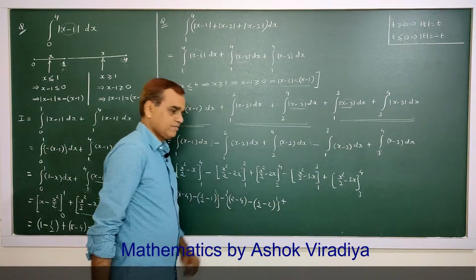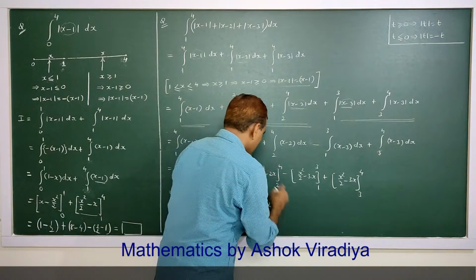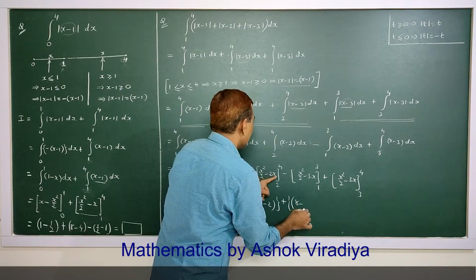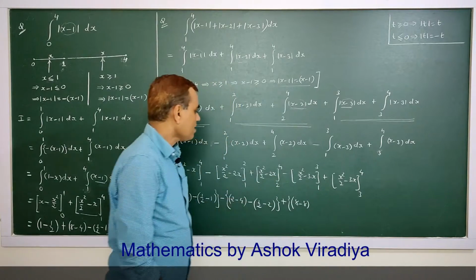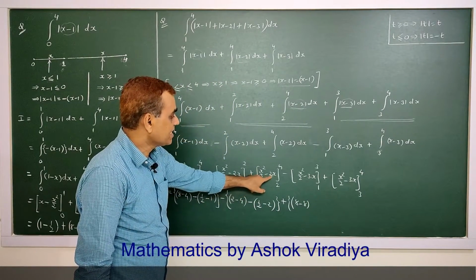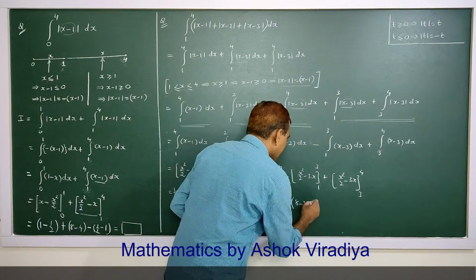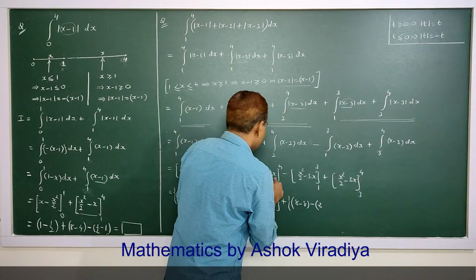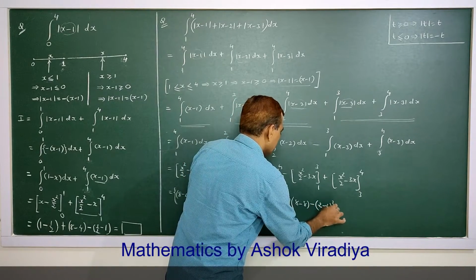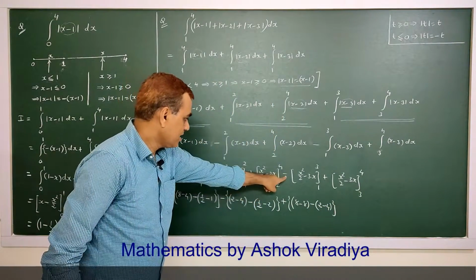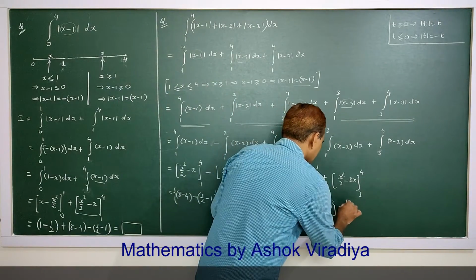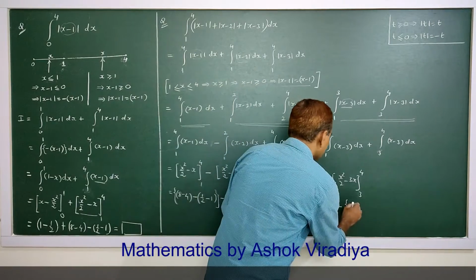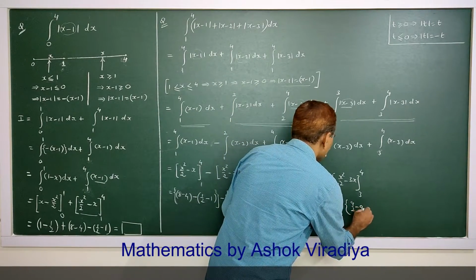Plus, now upper value 4 square is 16 by 2, 8 minus 4 into 2, 8, 16 by 2, 8 minus 8. Upper value taken minus lower value, 2 square 4 by 2 is 2 minus 2 into 2, 4. This is done. Now minus, putting here 3 square is 9 by 2 minus 3 into 3, 9.